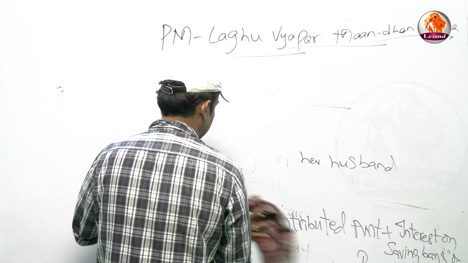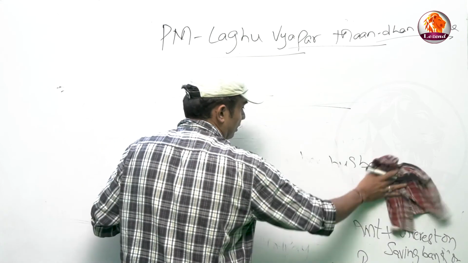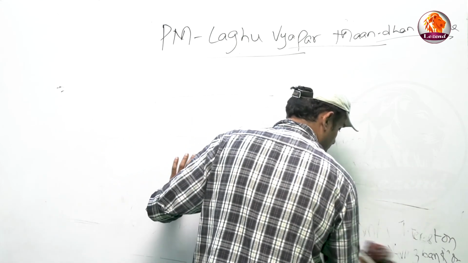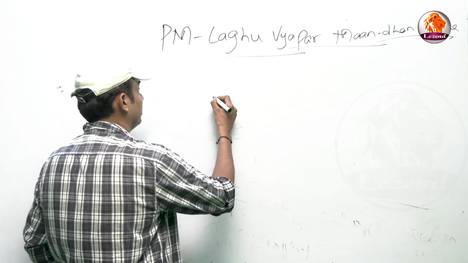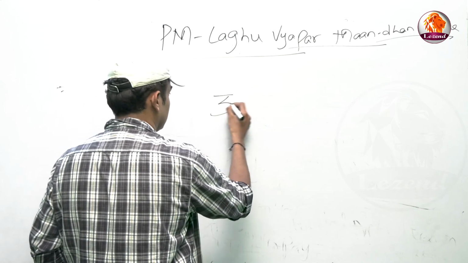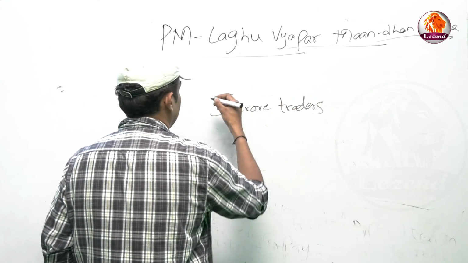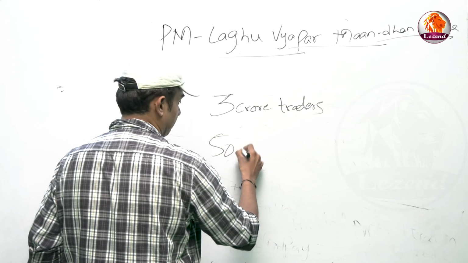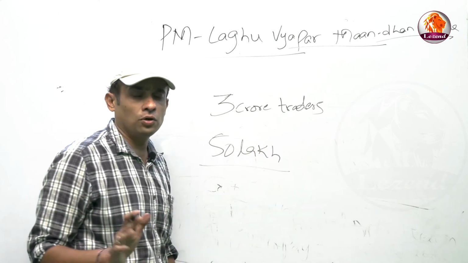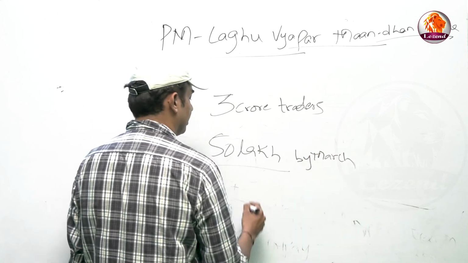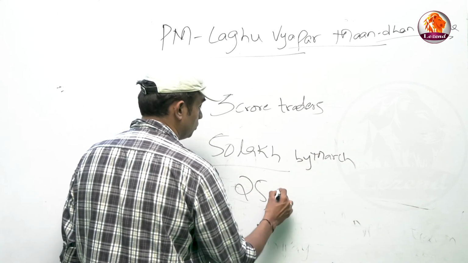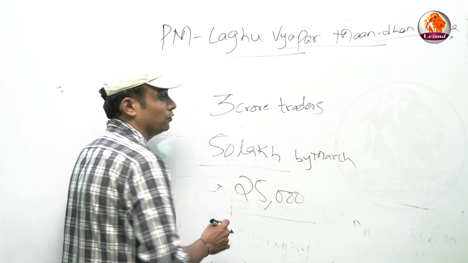So, why is this in news? Why is this Pradhan Mantri Laghu Vyapari Man Dhan Yojana in news? It is in news because the government wanted to include almost 3 crore traders into the scheme, and they had a target of 50 lakh by this March. But there were only registrations of 25,000, which was very, very less.